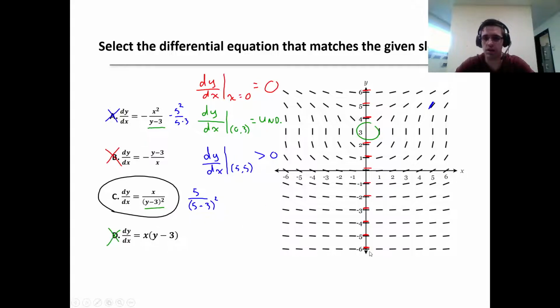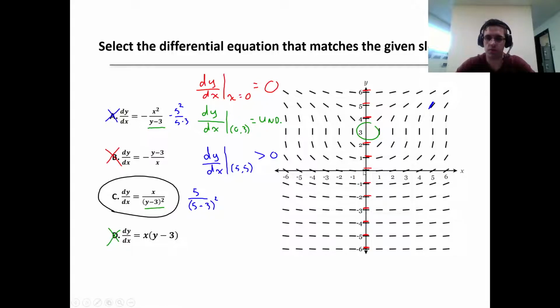For example, any slope on the y-axis, where x equals 0, is going to be a horizontal line, which means any point where x equals 0, we're going to get a differential equation that equals 0, or the slope of a flat line, right?